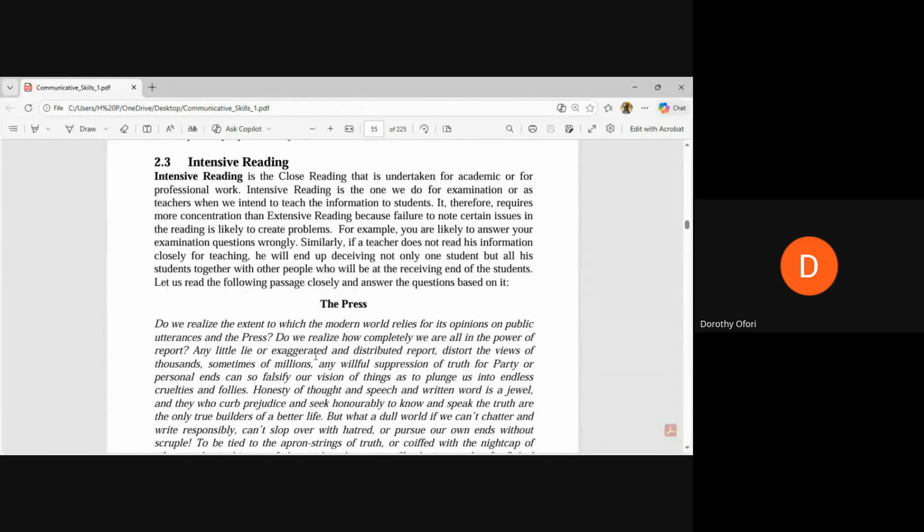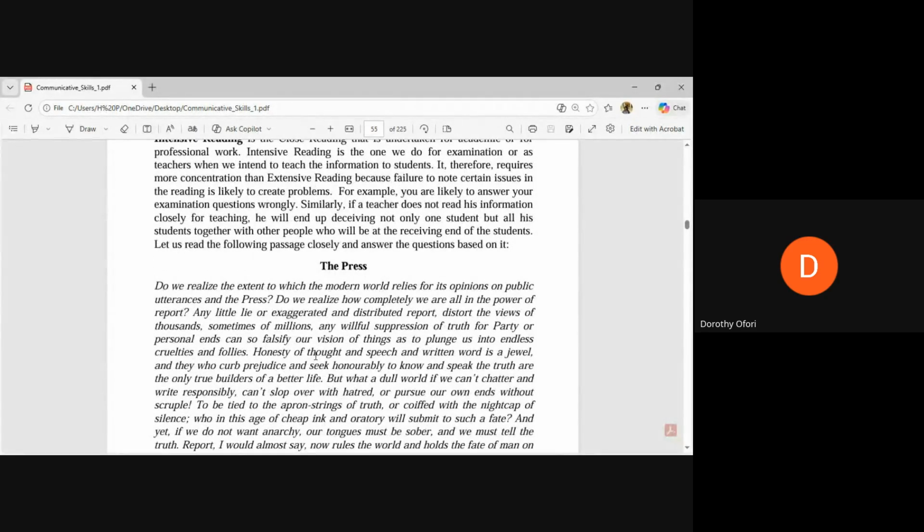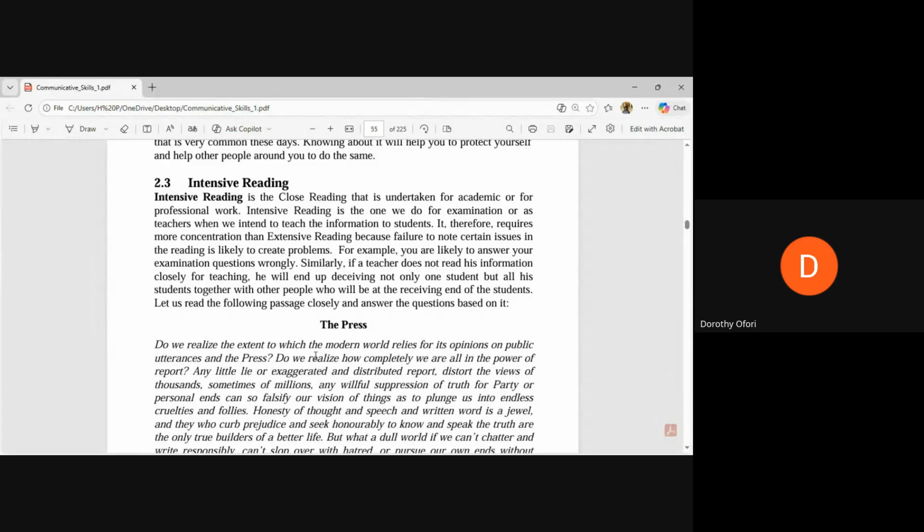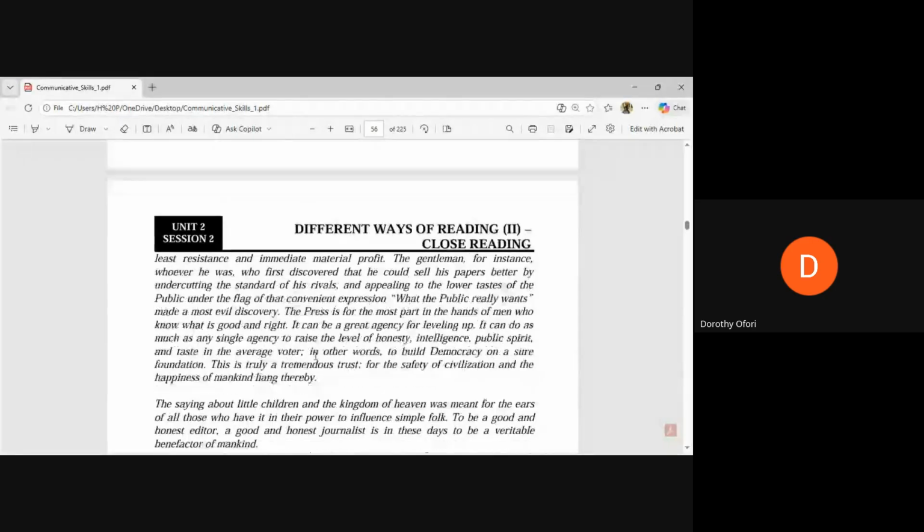So this is what intensive reading is. And intensive reading is common in academic study. We've talked about this. It is in line with our academics. It is common in examinations. Especially when you're writing exams, you have to read intensively. Now let's move on.